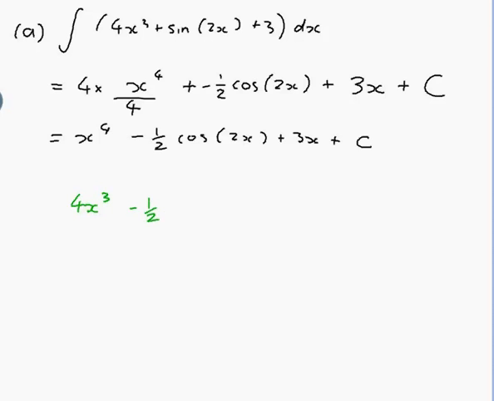And then we'll have minus a half times the derivative of cos, which is minus sine, and then because of the chain rule, we'll have to multiply by the inside, and then we'll get 3, and then the c will disappear, and so that would be 4x cubed. So we've got a minus and a minus, so they cancel out, and the 2 and the half cancel out. So, yes, it does work after all.